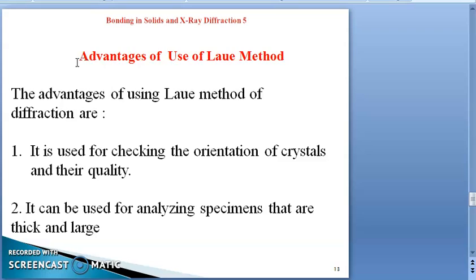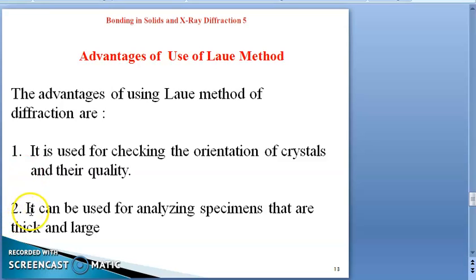The quality of the crystals can be checked, and orientation of the crystals also can be checked by using this Laue method. This is one of the advantages.